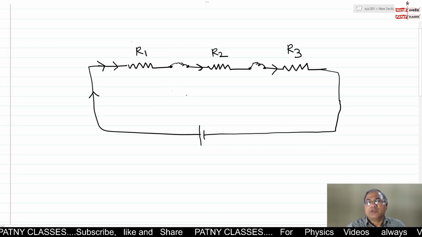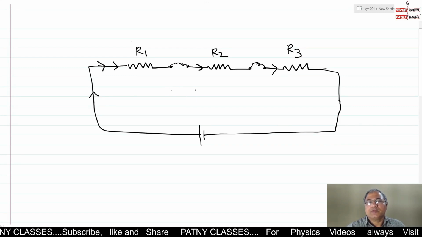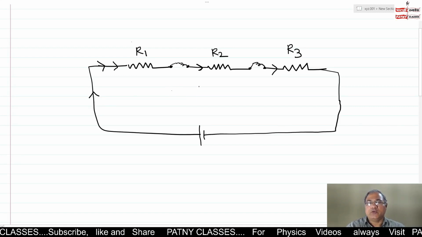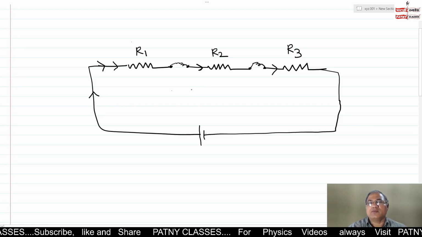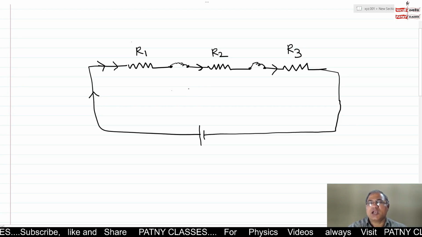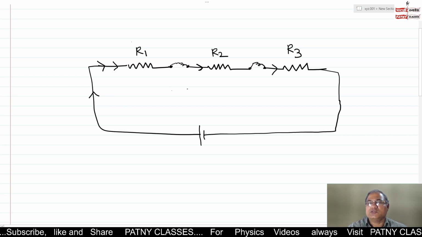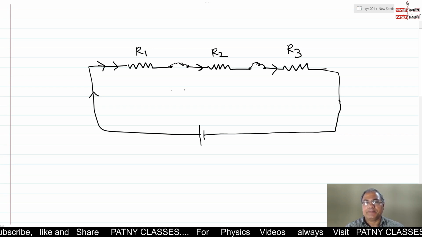So in series combination, there is an end-to-end connection. That means the end of the first resistor is connected to the start of the second resistor, and so on. That is a series connection.